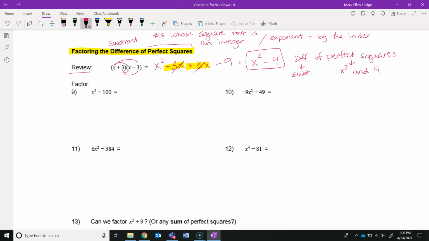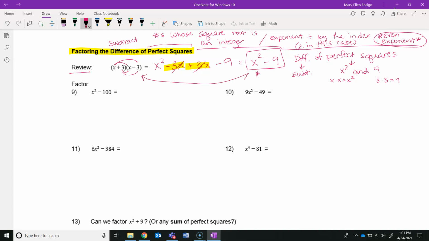In this case, 2, if we're talking about squares. Okay, so in essence, I need to look for an even exponent here. If it has an even exponent, then it's a perfect square. Okay, so those are both perfect squares because x times x equals x squared and 3 times 3 equals 9. So again, our job when we're factoring is to start out here and know that I need to factor it back to something that looks like this.